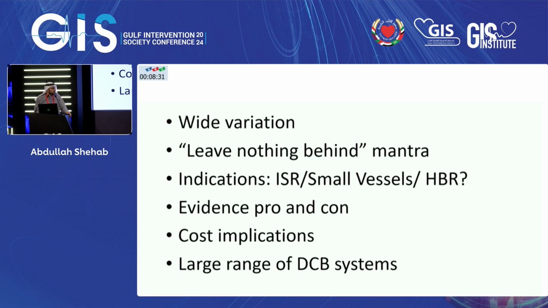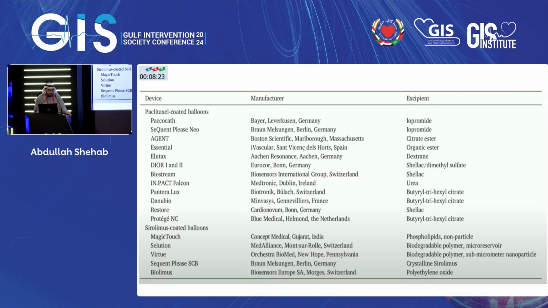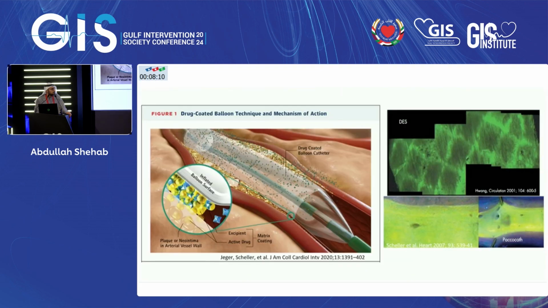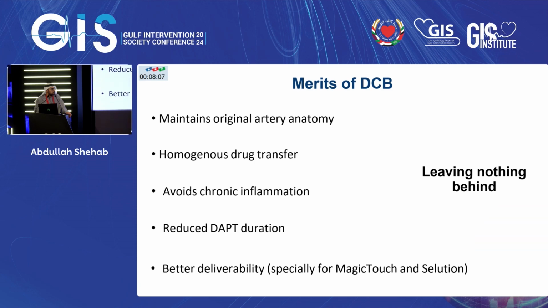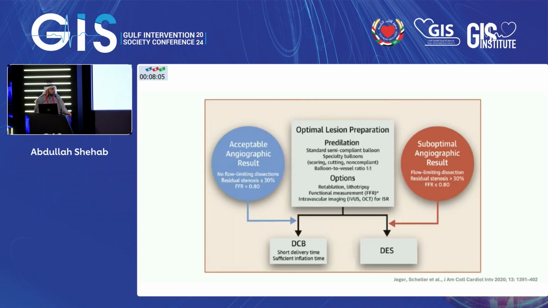So, lesion preparation. Practically, I'll tell you what I do. For CTO, I'm using IVUS a lot. Maybe 80% of the CTOs we use IVUS. And if we use DCB, of course, I'm using IVUS data. But in routine practice, if I have, for example, LAD lesions, I size the vessel by angiogram, not IVUS, if I like to use DCB. And if I see any calcifications, if I believe that the lesion needs something better than NC, then I directly do a cutting balloon or scoring balloon.